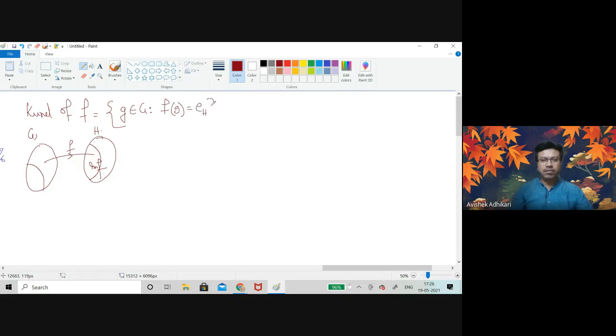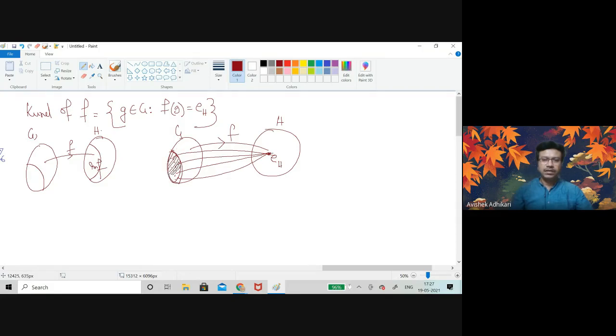Mind that. So the kernel is all such elements g belonging to G such that f of g equals the identity element of H. That means if I draw again, this is your f. So we are considering all such elements from the group G to H such that if e_H is the identity element, all such elements from a set which actually move to e, that is known as the kernel of f.